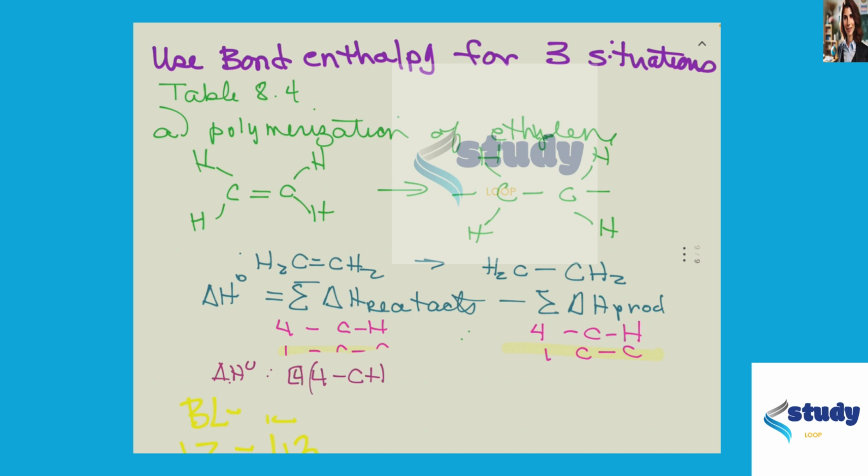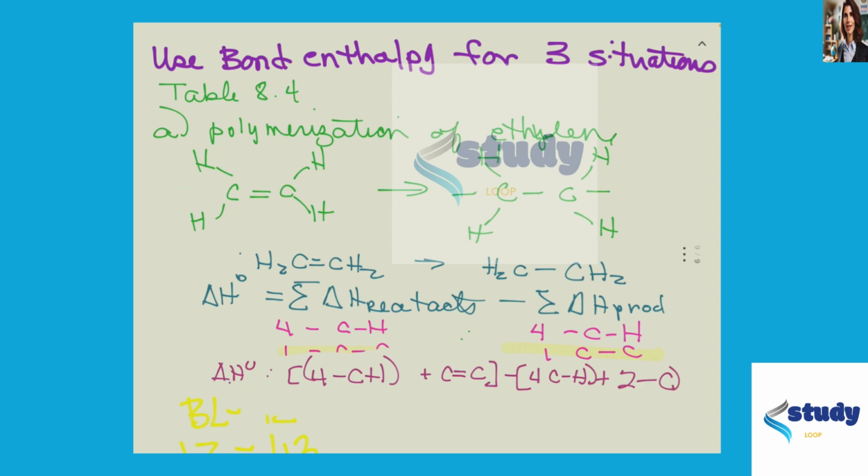So in this, I got to write this down because I'm thinking out loud right now. 4 CH bonds plus a C double bond C, and subtract from that 4 CH bonds along with 2 CC bonds.